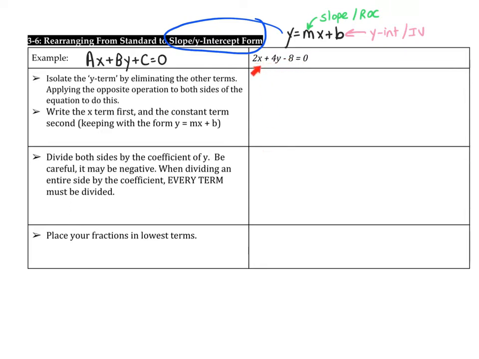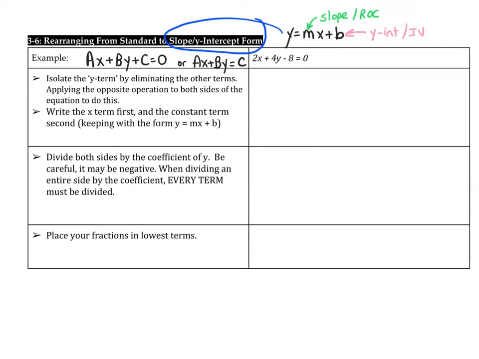A, B, and C are numbers, so there's a coefficient and an x, a coefficient and a y, and then a constant, and then equals 0 on the right. Now, some of the coefficients can be 1, some of the coefficients can be 0, so some of these terms may be missing. Some standard form may also have the constant on the right, like this. So some people consider that to be in standard form as well.